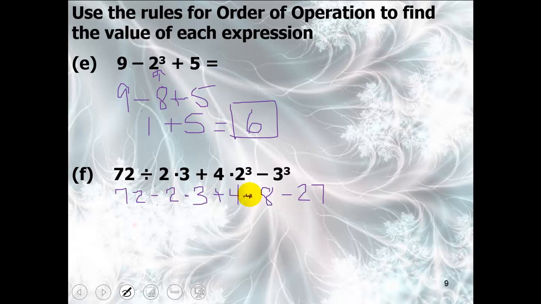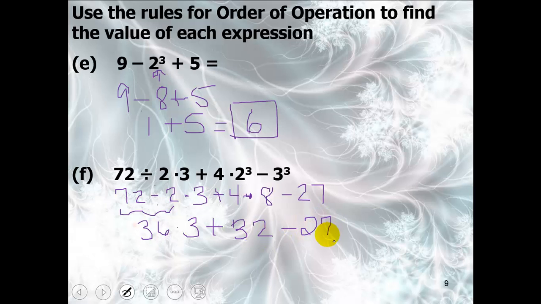All right. Now I have to look for multiplication and division and do them in the order that they appear from left to right. So that means I have to divide 72 by 2 first, and that gives me 36 times 3 plus 4 times 8 is 32 minus 27.